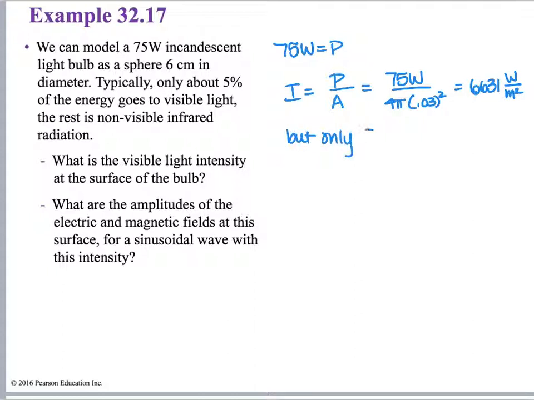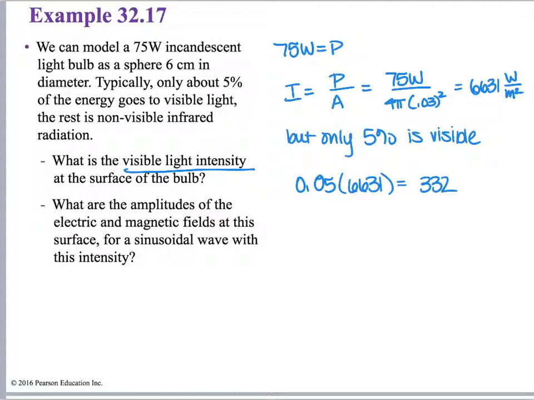But only 5% is visible. So if we want to know the visible light intensity, we take 0.05 times that 6,631, and that gives us 332 watts per square meter. Then if we want to find the electric field associated with that, we can say that intensity is equal to E max squared over 2 mu naught c.